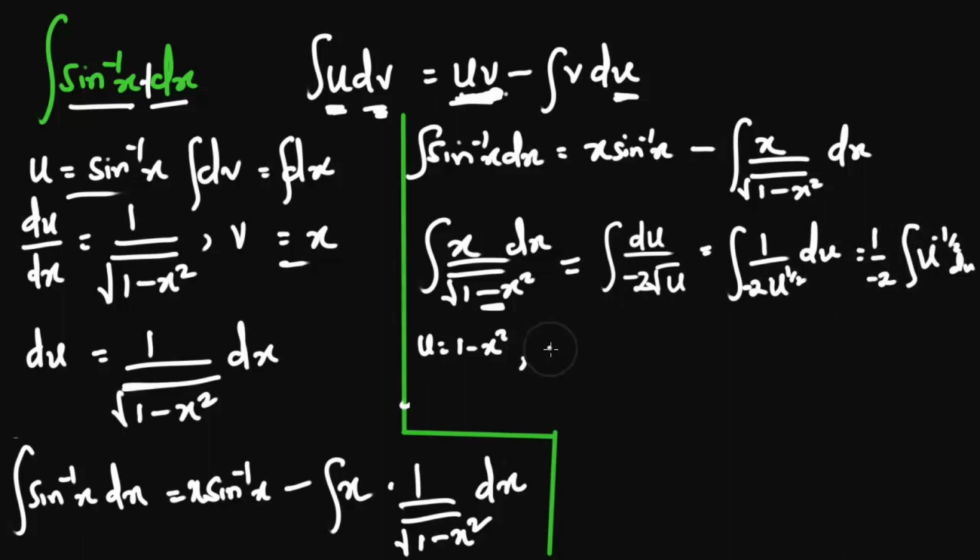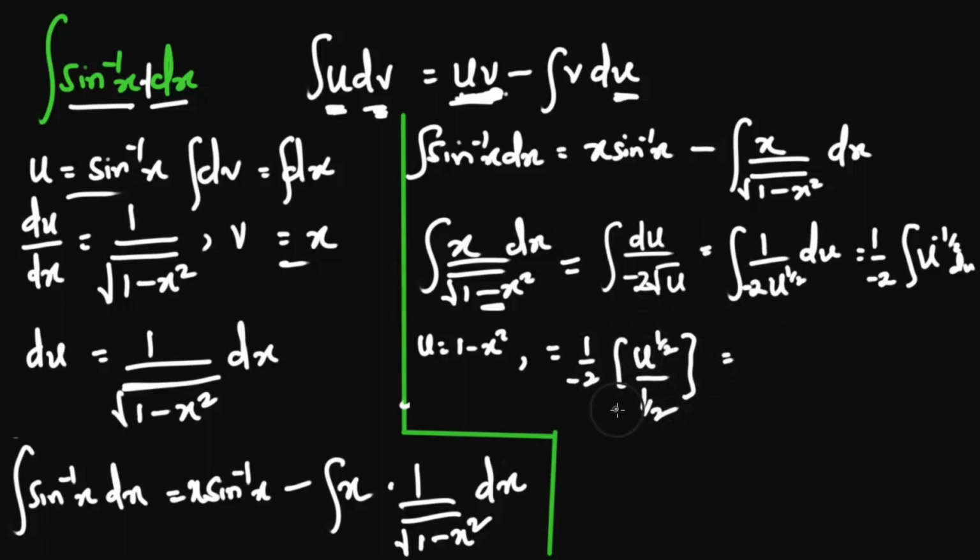That is equal to 1 over minus 2 multiplied by u raised to the power minus half plus 1. So minus half plus 1 is what? Half. So u raised to the power half divided by half. Okay, then that's what we have. So this becomes 2.